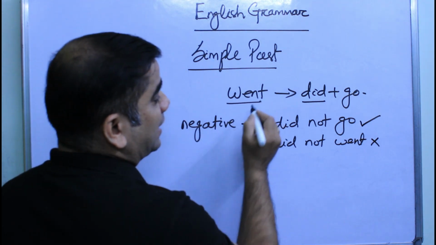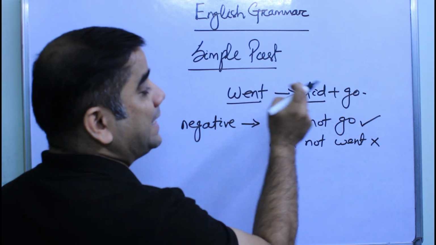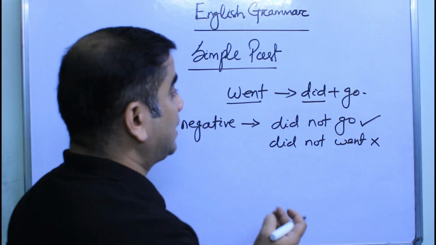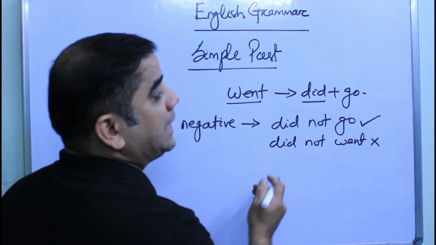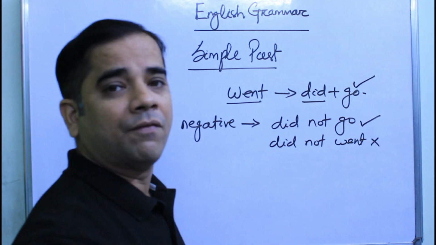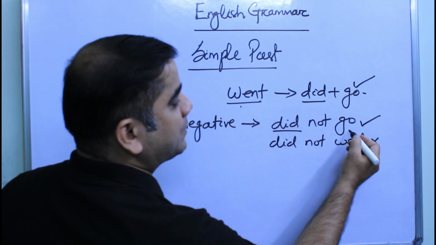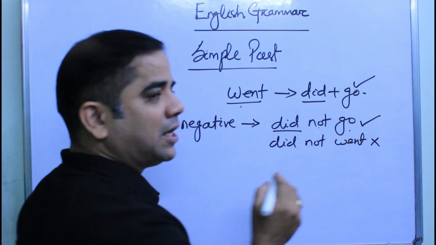See, when did is associated with the V1, that is go, it forms the verb went. But when we bring did out of the main verb, it leaves the V1. So when we bring did out of went, it leaves go. So did not go. Did not went is wrong.